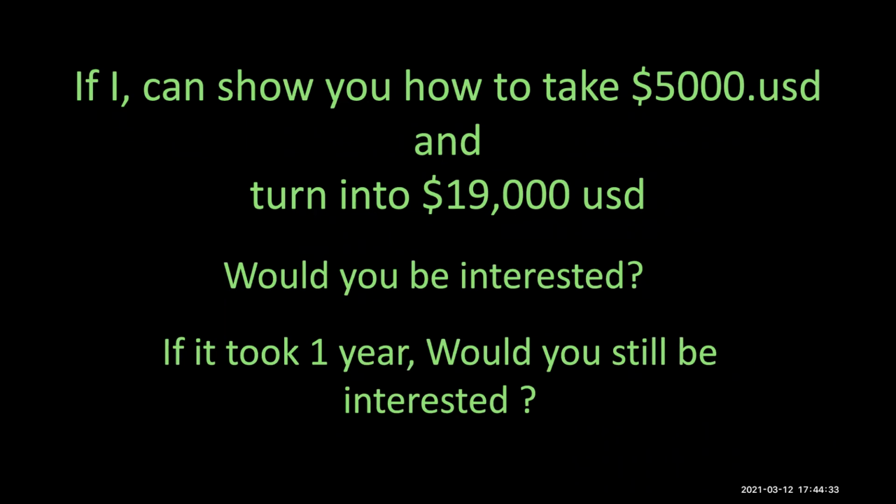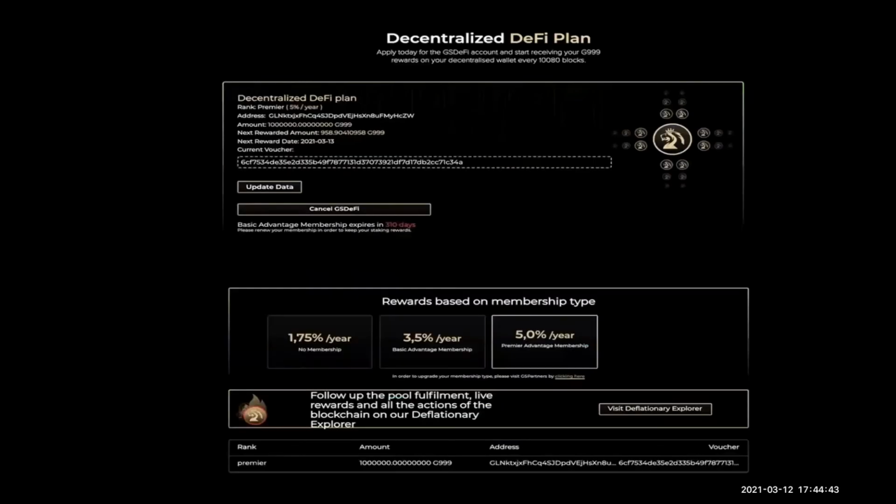You would be interested. I would too, because I don't know no other vehicle right now that can give me that. And I'm gonna show you and tell you why it makes too much sense. So watch this. We got a platform on GS Partners, and it's called a DeFi pool.